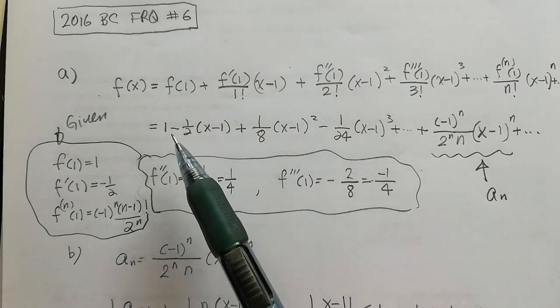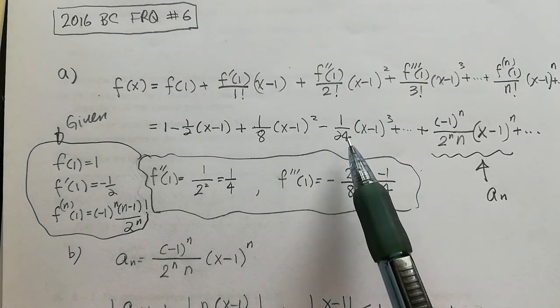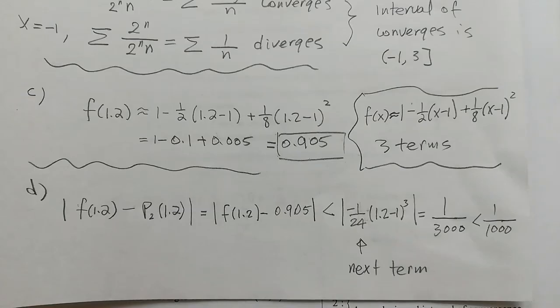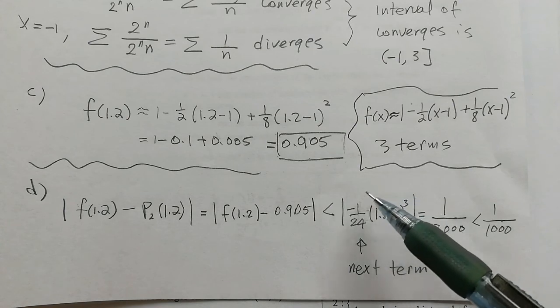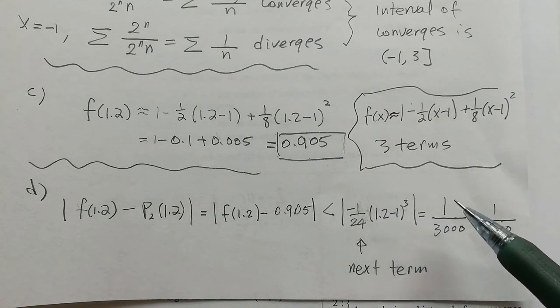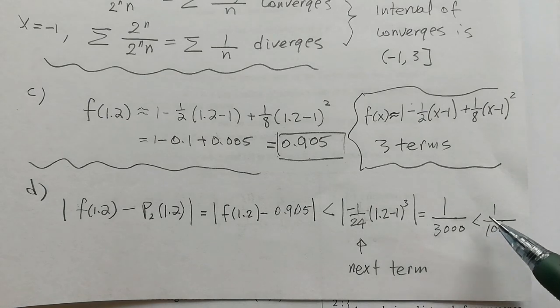We used those 3, and the next term will be this one. I substitute x with 1.2. I simplified this expression, it is 1 over 3,000, and this is definitely less than 1 over 1,000, which is 0.001. So that's the answer for D.